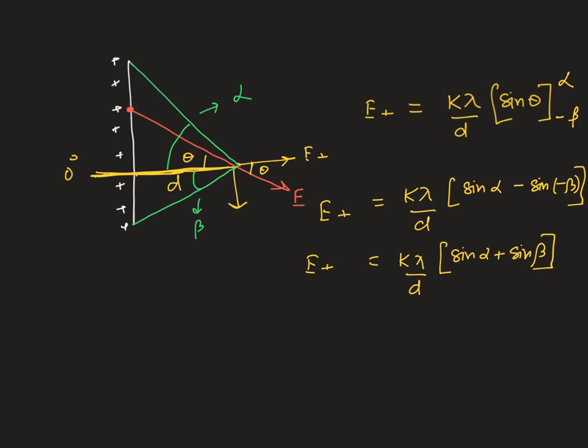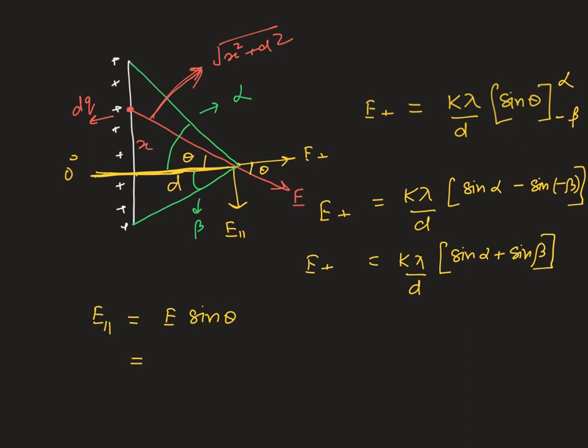Now what is the value of E parallel? How can we find out E parallel? Same principle, except that E parallel is going to be total field into sine theta. Let me first write what E is. Please try to remember, this charge was dq. This distance was root under x squared plus d squared.